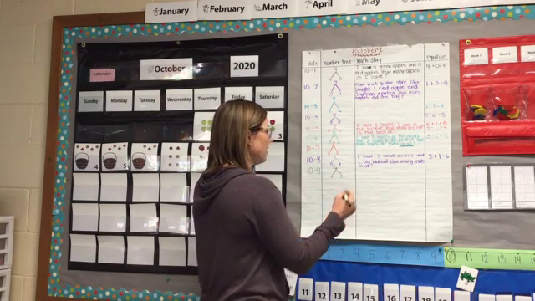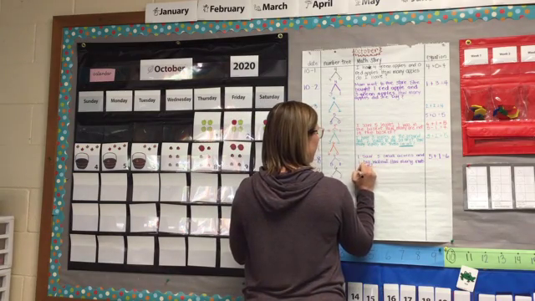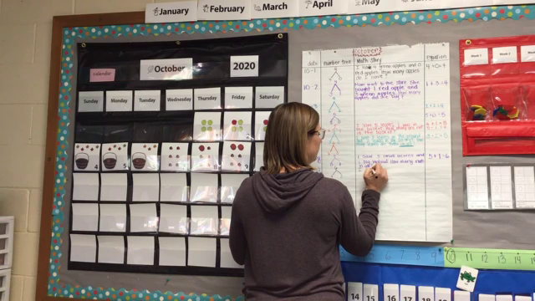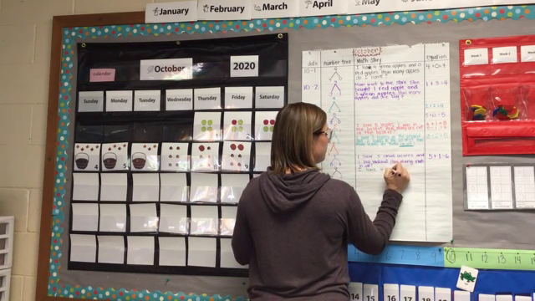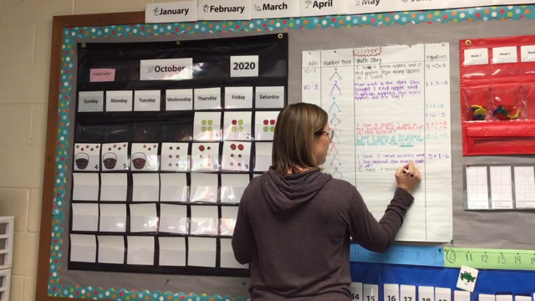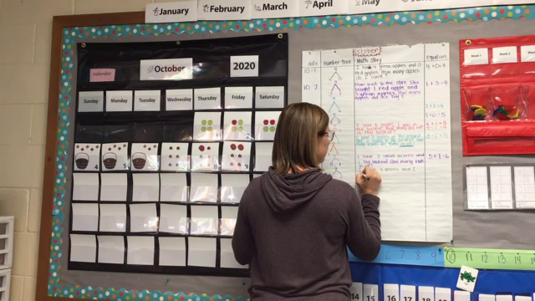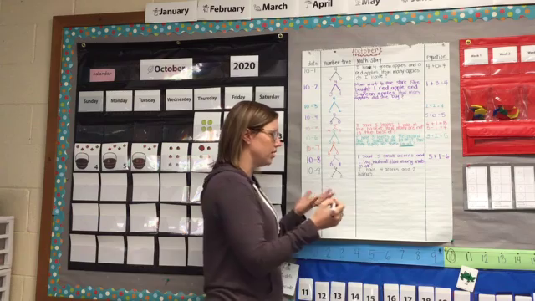So I'm going to write, I have 4 acorns and 2 walnuts. Now I need to ask a question.